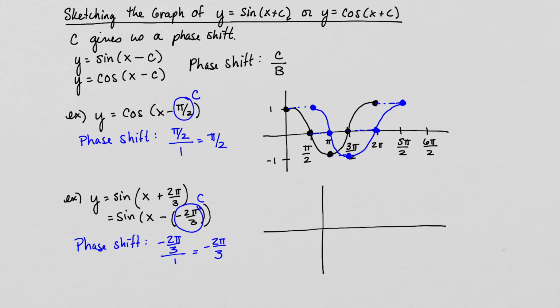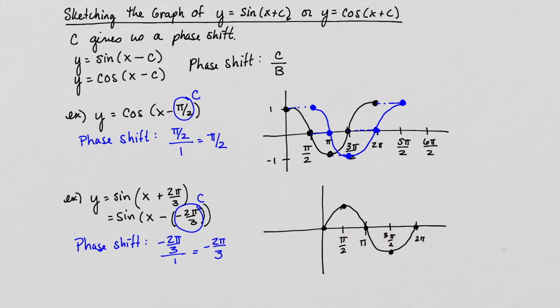Okay, so if we look at just the basic sine graph, it looks like this. This is 2 pi. This here is pi over 2. This is 3 pi over 2. Okay, so from each of these, since we're shifting, we're subtracting 2 pi over 3. So for each of these points here, we have to subtract 2 pi over 3.